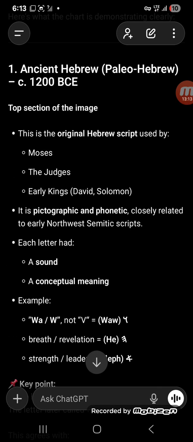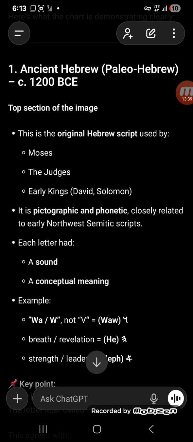Top section of the image: this is the original script used by Moses, the judges, early kings, David and Solomon. It's pictographic and phonetic, closely related to early Northwest Semitic scripts. Each letter had a sound and a conceptual meaning.